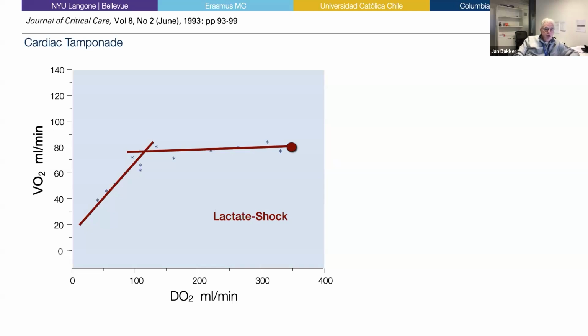And so when you start to decrease the cardiac output, the total delivery of oxygen decreases, but nothing much changes in your oxygen consumption. And lactate doesn't change very much. It's a little bit, but there's not a huge increase in lactate. And especially this element, the maintenance of the same oxygen consumption, basically means there's not really tissue hypoxia.